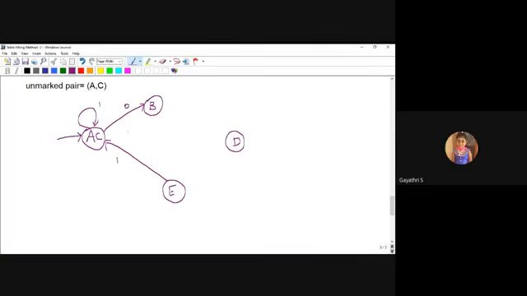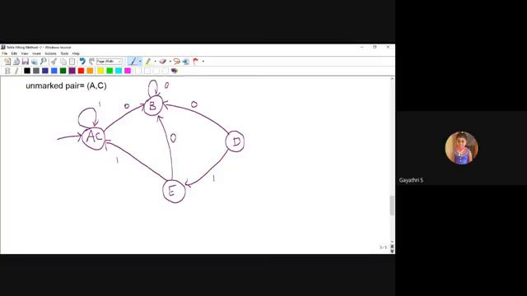E on 0 goes to the B state. Next, B on 0 is a self state. Then D on 0 goes to the B state, and D on 1 goes to the E state.